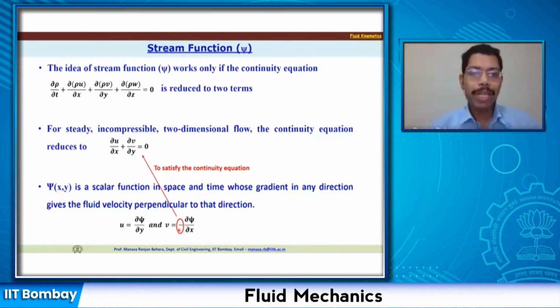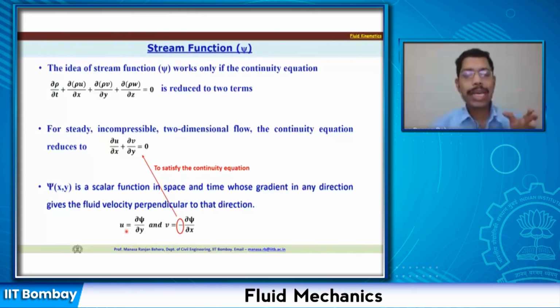If you don't have the minus sign, this is not going to be 0. So to satisfy that, you need a minus sign. You can take the minus sign either in u or in v, it doesn't matter. Both will give you the same, but you have to be consistent throughout whatever you are analyzing. It is always better to be consistent with standard notations or standard practice.